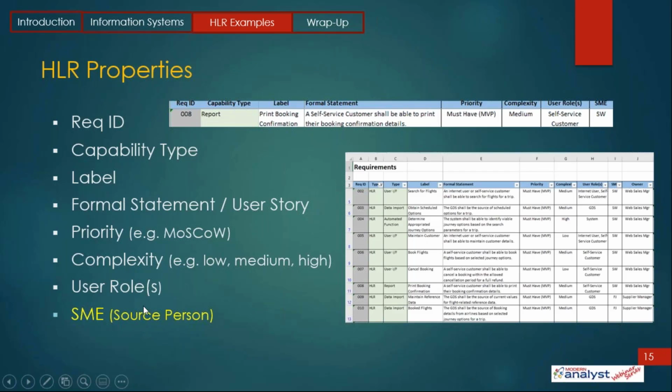So if you have questions, or when it comes to detailed requirements, that's the person who's going to say, hey, we had this topic, can we talk about this more? Okay, and what's also useful is to know who the owner in that area is of that requirement, because they're going to want to be involved in the sign off. All right, so those are the properties of high-level requirements.